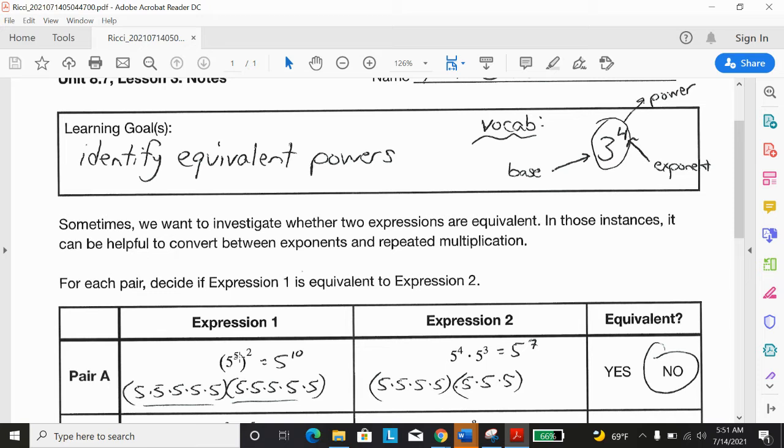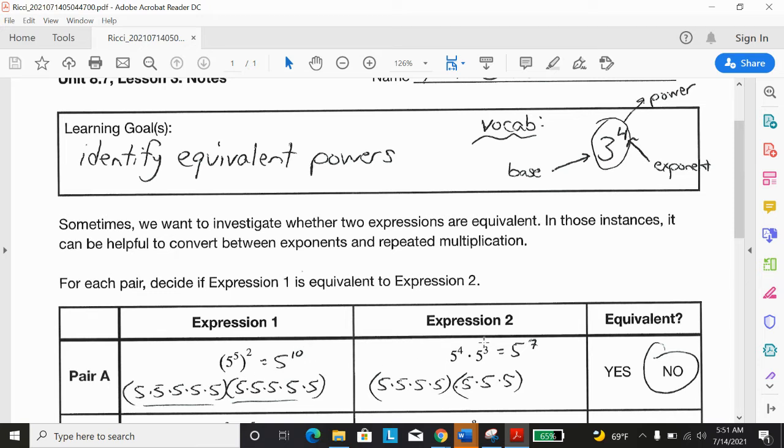Well, you can use your exponent rules if you remember, and it should be on your little post-it note. A power to a power, the fast way to do that is to multiply the exponents. So that means the base is still 5, but the exponent would be 10. The reason, because if you have 5 to the 5th, that's this. If it's squared, you have it twice, meaning you have 10 5s that are multiplied together.